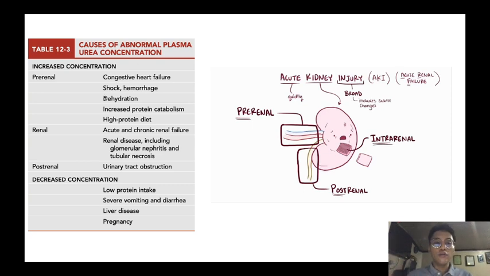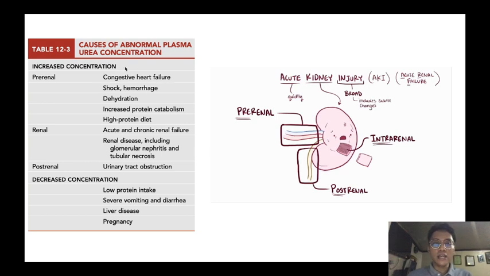Okay? Ito, for example, shock, hemorrhage, loss of blood, 'di ba? Parang mag-lower ang blood volume mo. So, kapag lower blood volume, lower perfusion to the kidneys, and there will be increased urea in the blood kasi magstay siya sa blood. Okay? So, dehydration, the same lang yan.